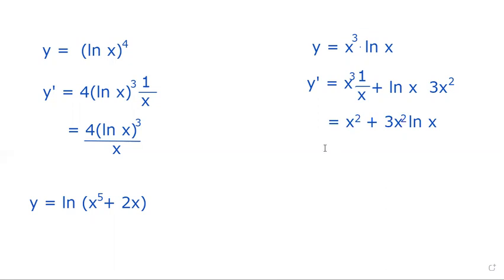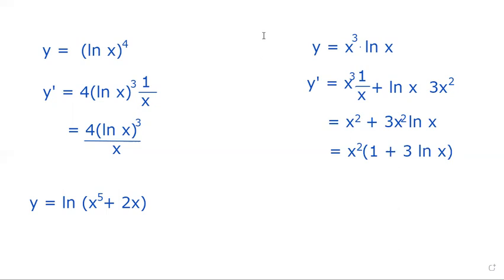We would, of course, factor out the x squared. That would be 1 plus 3 natural log of x. So that's how we would do a problem like that. Like I said, we don't change our rules. We're still using the product rule. We're just applying the natural log of x here.